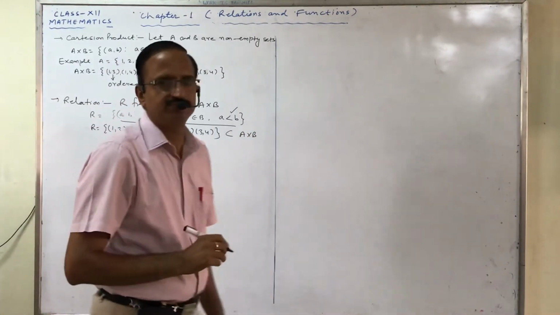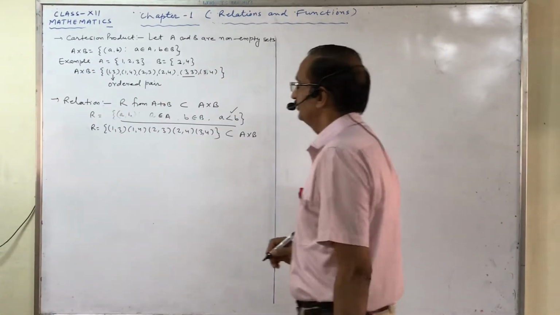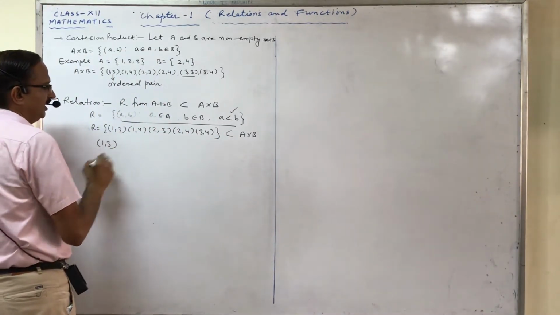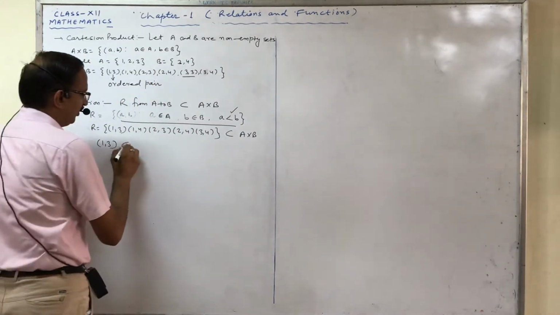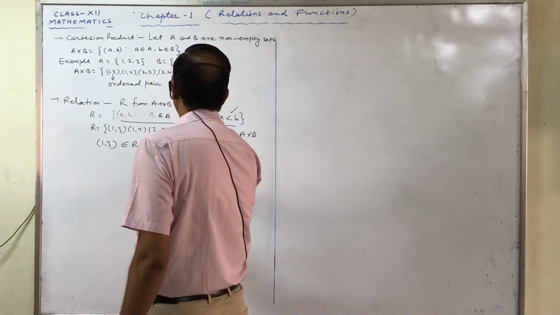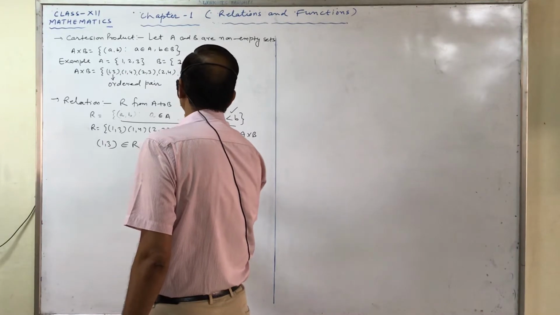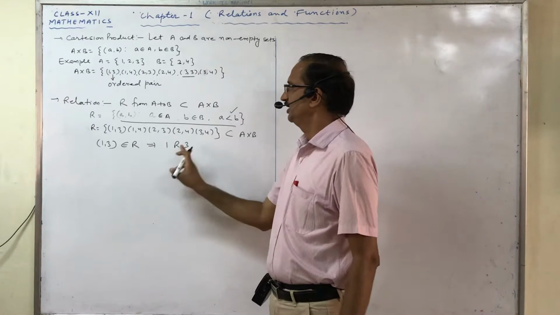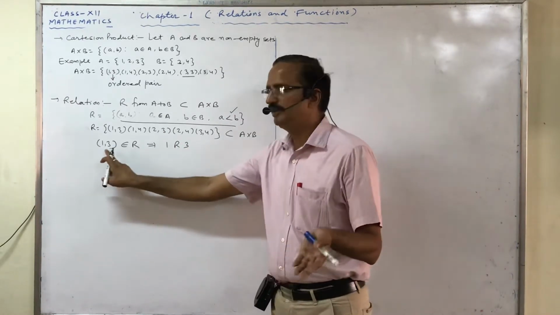Is it? Okay. Now, suppose I am taking this (1, 3). This (1, 3) is an ordered pair that belongs to R. It also means that 1 is related to 3. Means this is the relation which is satisfied by this pair.